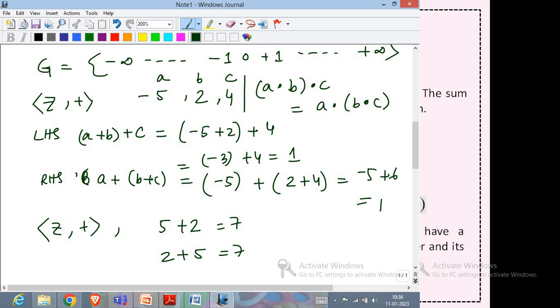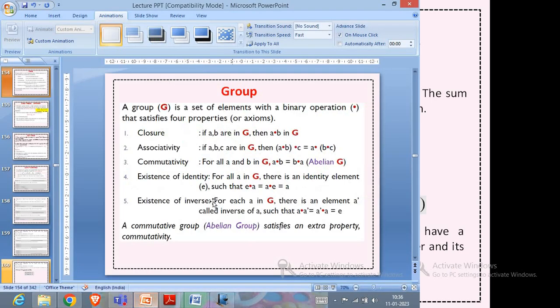Now comes the difficult one, the fourth one: existence of identity. Please make a note of that. This is where a little concept will come in. For all A in G, like for all the elements present in a particular set, there is an identity element E such that E into A is equal to A into E is equal to A. Very similar to A times the identity I equal to A, the way we do it in matrices.